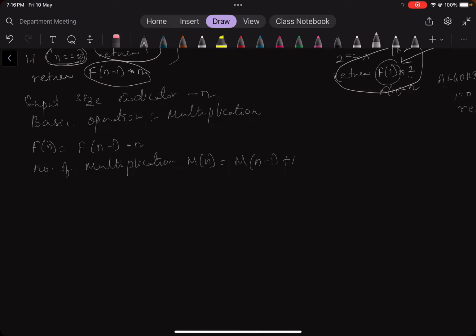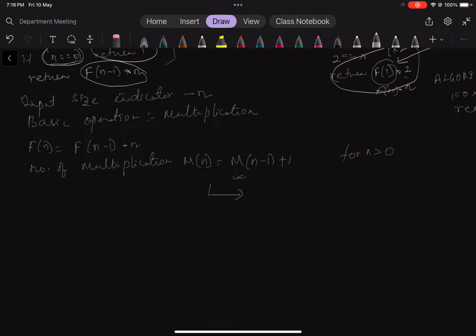This is the number of multiplications: to compute the value of f of n minus 1, and this 1 is to multiply f of n minus 1 by n. This is for n greater than 0. So this is the recurrence relation we are going to keep, right? M of n is equal to M of n minus 1 plus 1.